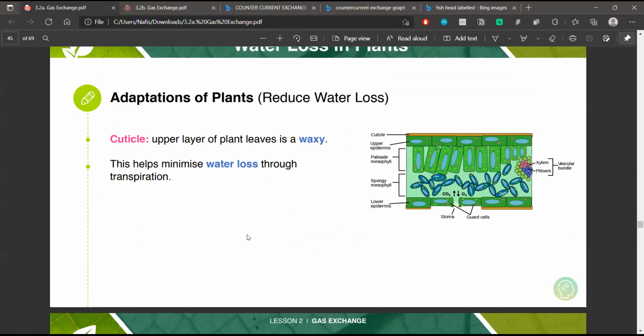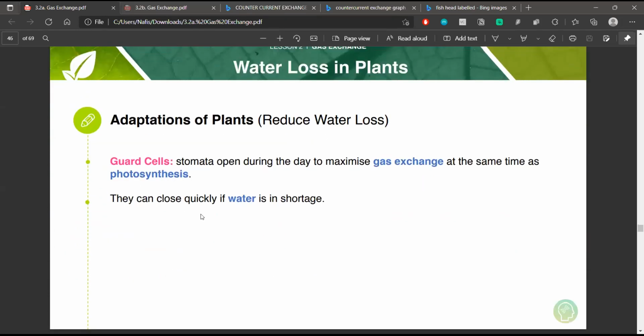The upper layer of the plant leaves is a waxy cuticle, which helps minimize water loss through transpiration. The stomata open during the day to maximize gas exchange at the same time as photosynthesis, but they can close really quickly if water is in shortage.